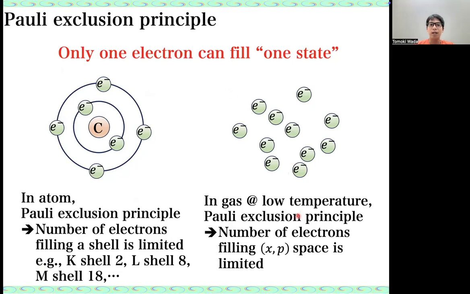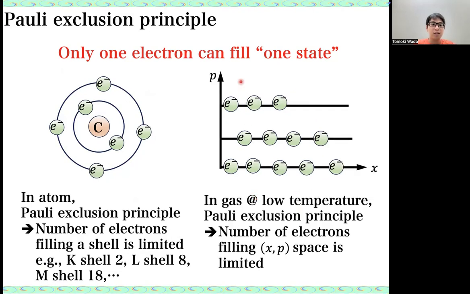And the situation is the same for electron gas at low temperature. At low temperature, quantum effects become important. And in electron gas, there is a state that should be occupied by electrons. This is a kind of room for each electron.